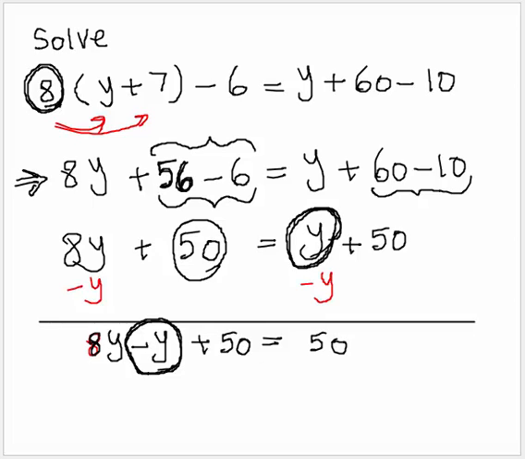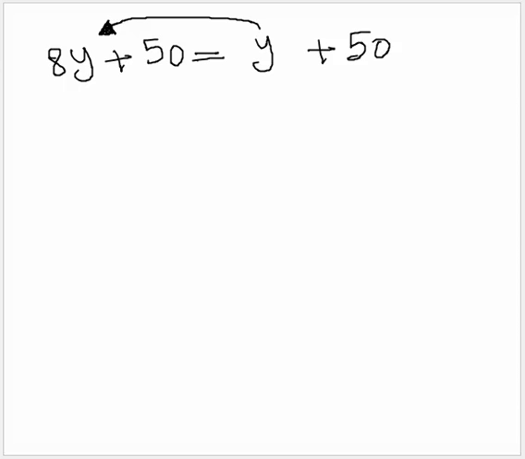an equation with the variable on both sides of the equation, like in this case here, let me just concentrate on this part here. Then I have 8y plus 50 is equal to y plus 50. Okay. So in this case, I can say I'm moving this y to the left-hand side, or subtracting y from both sides of the equation.